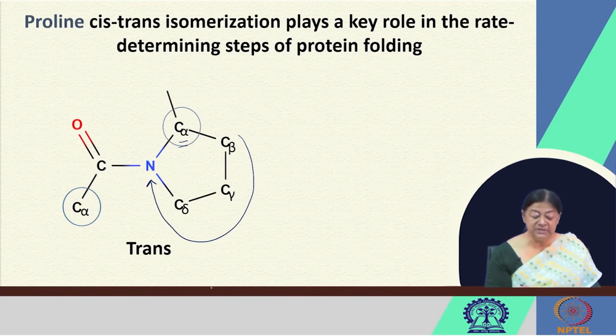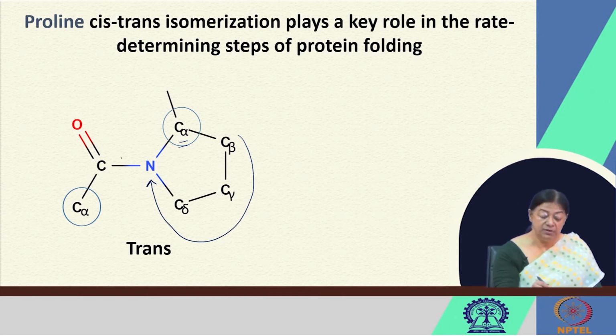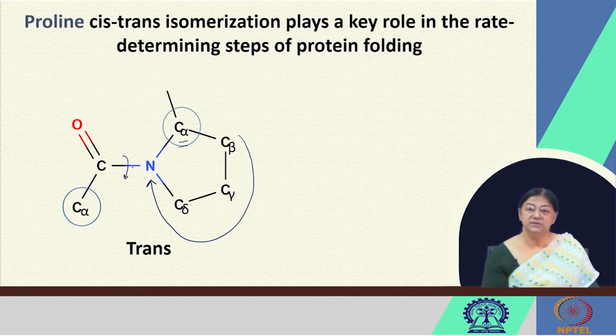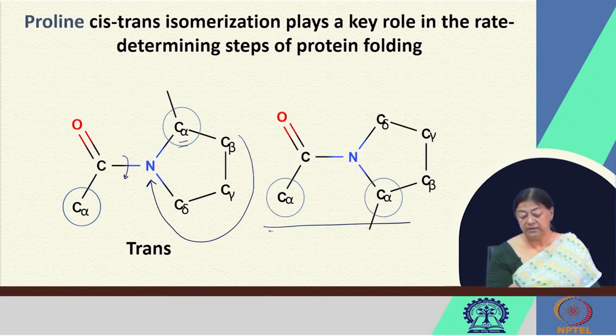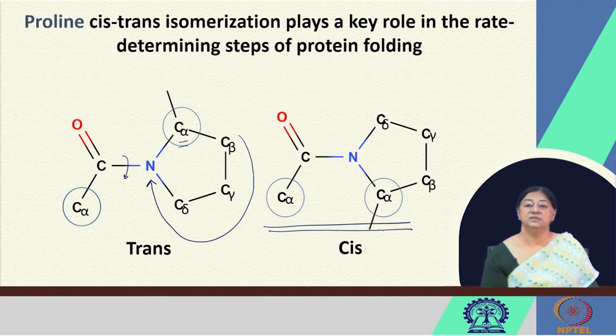But what happens in this case is there can be rotation again about this. And then what do we observe? We observe that the two C alpha are on the same side, giving us a cis conformation, which is more prevalent in proline because of the side chain property of this amino acid.